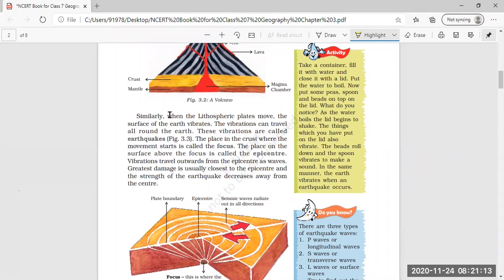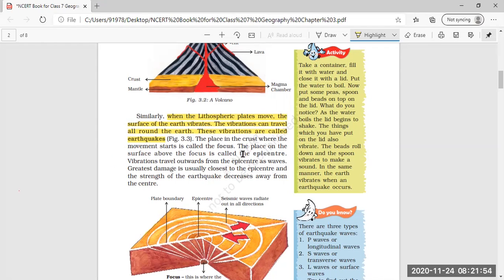Now, what is an earthquake? Due to the movement in the lithospheric plates, there is a sudden vibration inside the earth which travels all around the earth, and we term that vibration as earthquake.